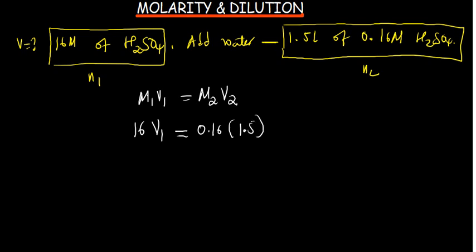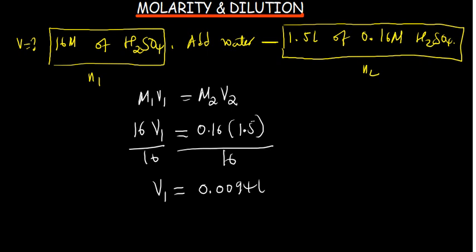This should always be in liters, and this should always be in molar or moles per liter. Now I want to remain with V1, so divide both sides by 16. The volume therefore is going to be about 0.0094 liters, which we can also convert to milliliters. Just multiply by 1000 and that would be 9.4 milliliters.